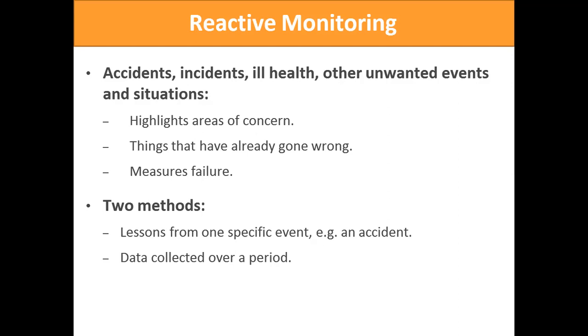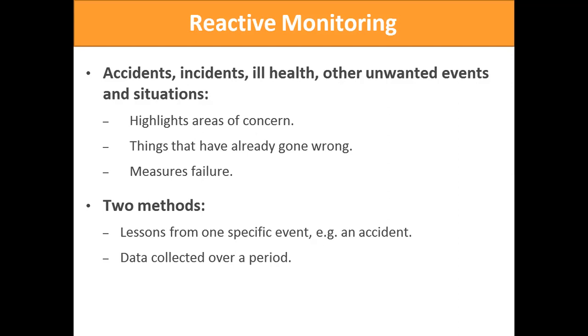And measure failures means that whatever control measure we took failed, and due to that failure, the accident, ill health, or incident happened. We will check that. For this, we are using two methods. One, lessons from one specific event or accident: lessons learned.